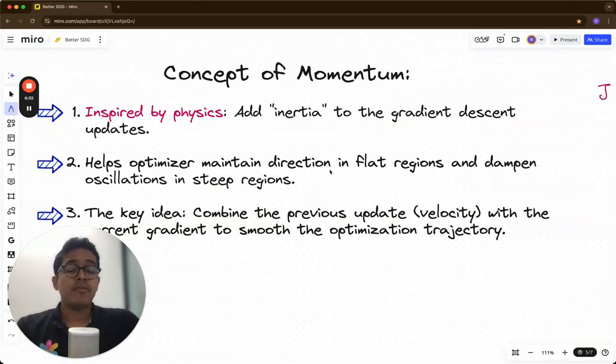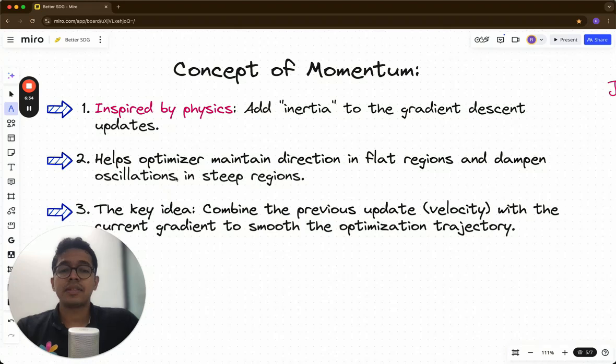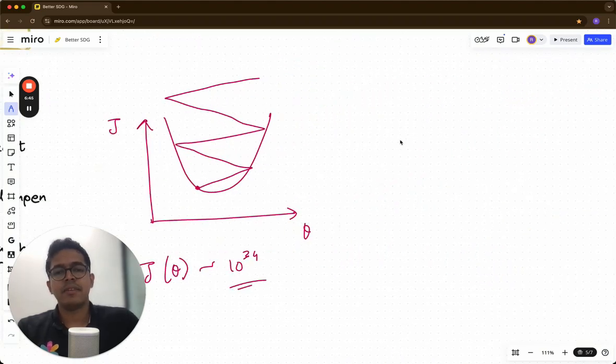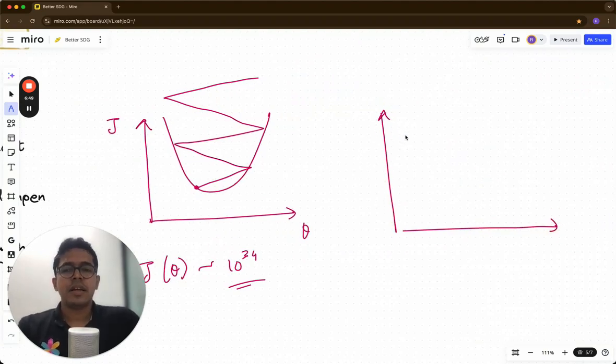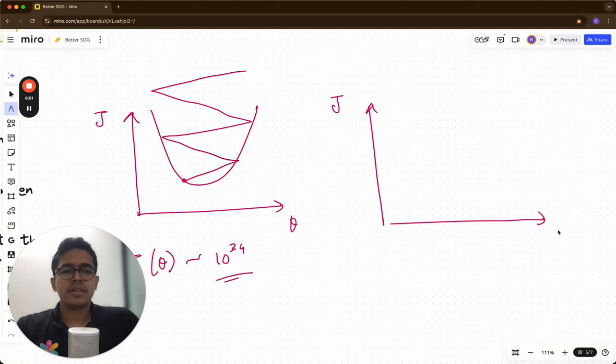So momentum will first help you dampen these oscillations in steep regions, and momentum will also help you maintain a certain direction in flat regions. And what do we mean by flat region? Whenever we say region, flatness, steepness, imagine it all to be the steepness or flatness of the J curve with respect to theta.